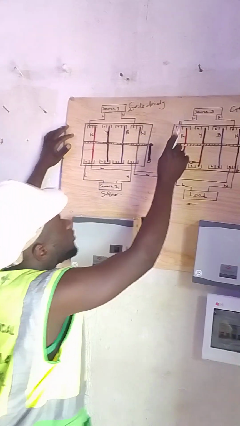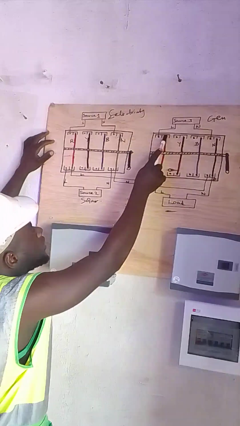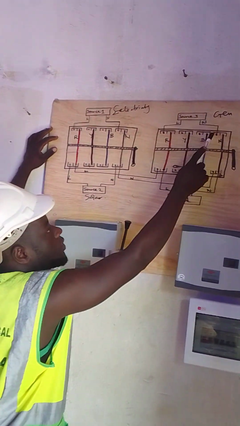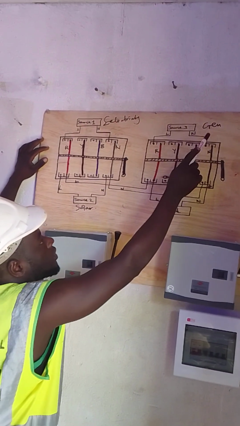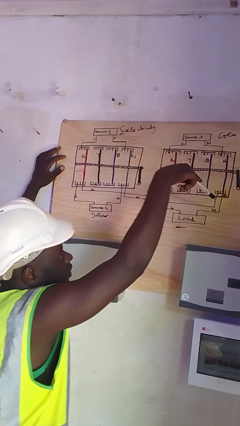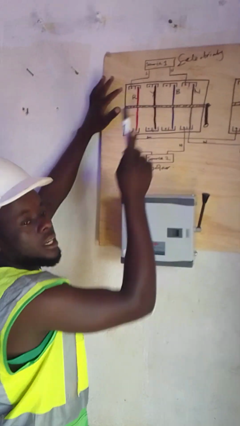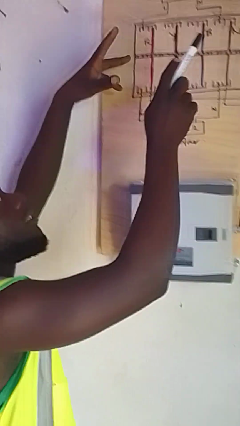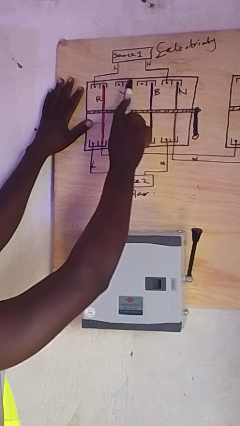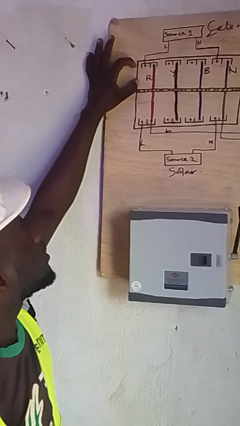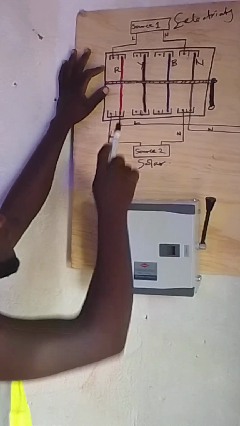As well here also we have the source input and load output. So your supply from your electricity, the utility pole, will come straight to the input of the first changeover. This is our first changeover.